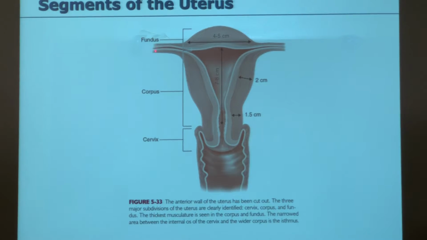This area right here is called the interstitial. This is my uterine cavity. Here is my endometrium. It has zona functionalis, zona basalis, the myometrium, and the perimetrium and/or the serosa.